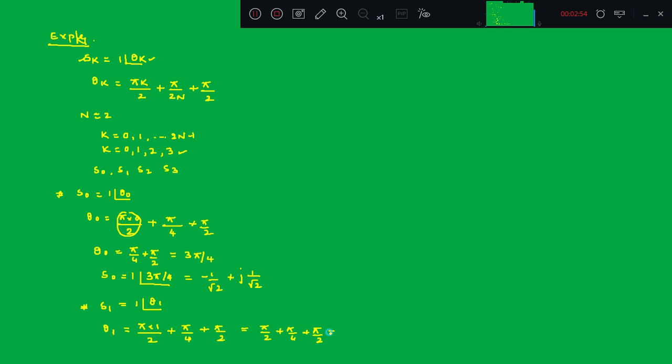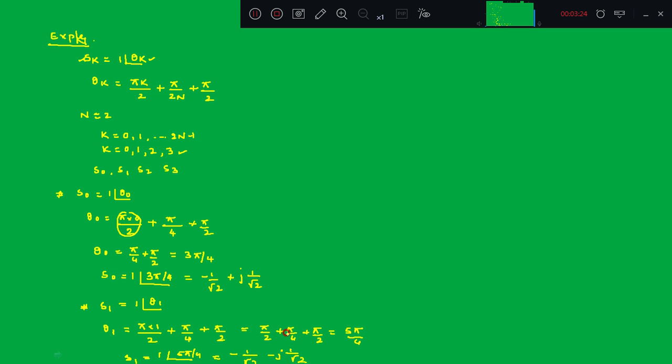So how much is it? Is it going to become pi by 4? Yes. So S1 is equal to 1 with an angle of pi by 4. So how much will you get? You will get minus 1 by root 2 minus j 1 divided by root 2, right?